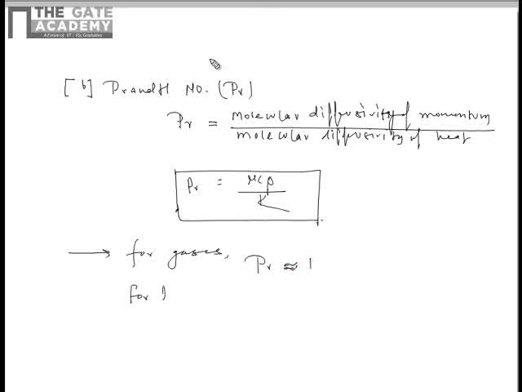For liquid metals, Prandtl number is less than 1, and for oils, Prandtl number is greater than 1.